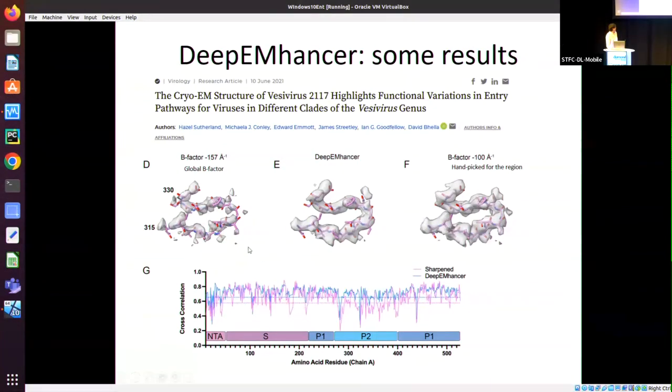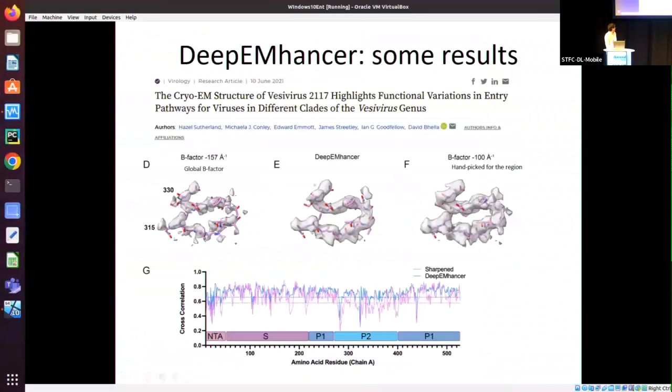And the second thing I like about that paper is that they showed that if you use a global B-factor correction approach, in many problematic regions you get broken densities. You get discontinuous and very noisy parts, whereas the DeepEMhancer map tends to be quite smooth and more easily interpretable.